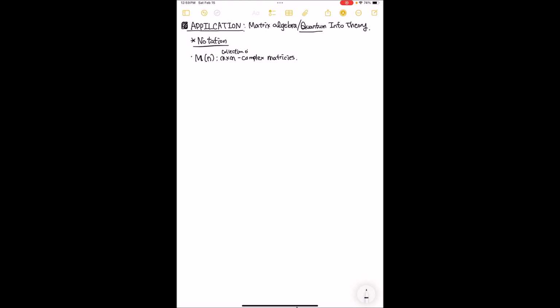And Hn is the collection of Hermitian matrices, which explicitly means the collection of complex matrices M such that M star, which means the conjugate transpose, is the same as the original matrix.